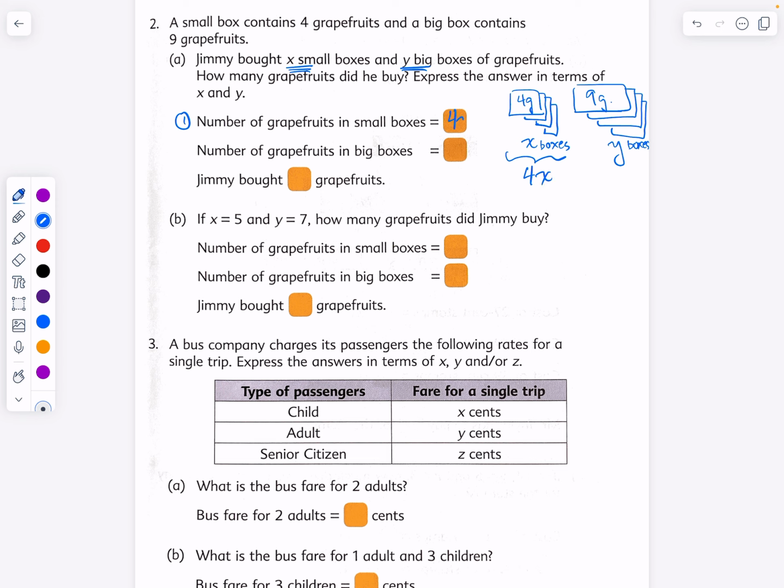There are 4X grapefruits altogether in small boxes. And I'm going to use a different color. How many grapefruits in large boxes? Well, 9 in each times the number of boxes, Y. It would be 9Y. Let's write it down. How many grapefruits did Jimmy buy all together?